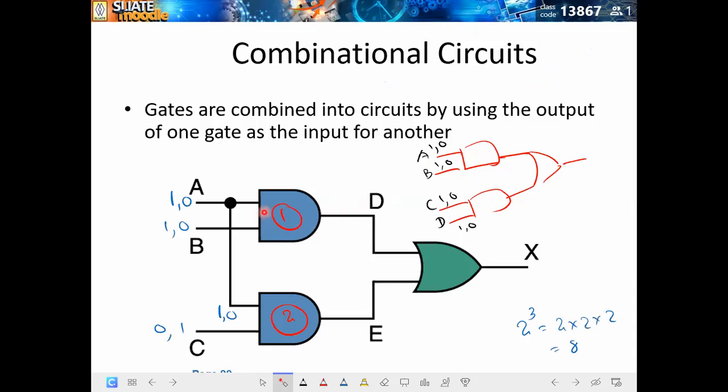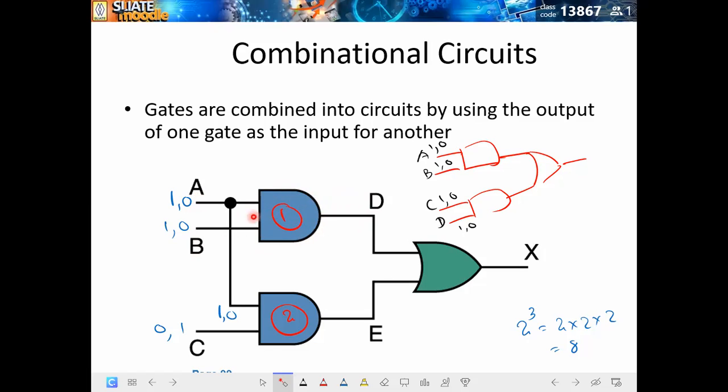Here you know D is the output of AND gate 1, right? So the inputs related to this AND gate 1 are A and B. So the condition of A and B decides the output of D. Now this is an AND gate, right?